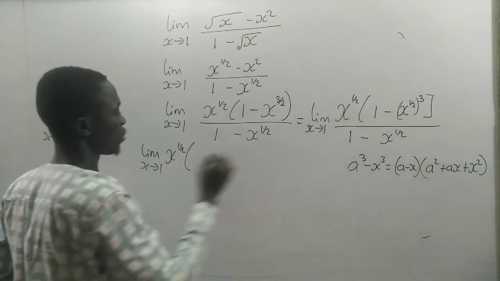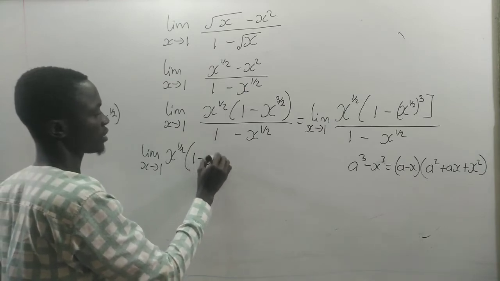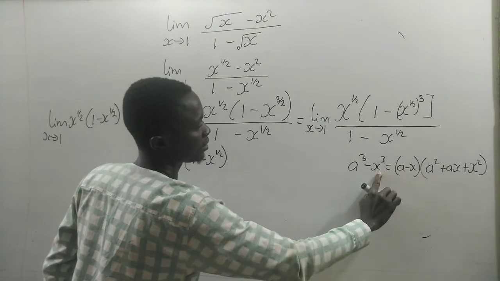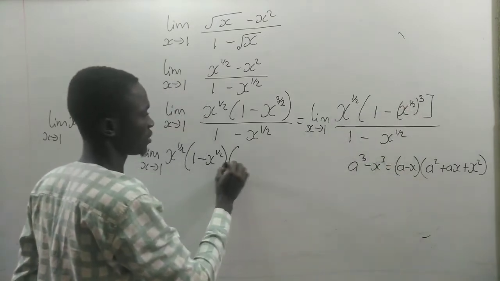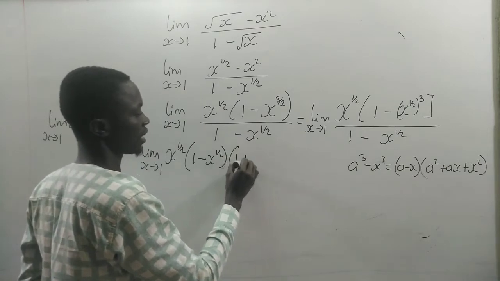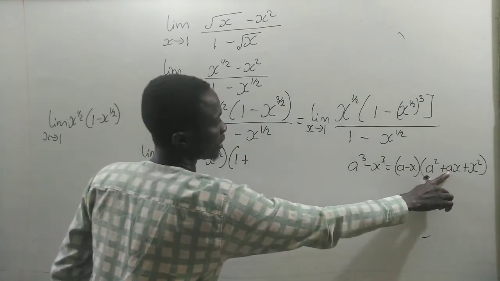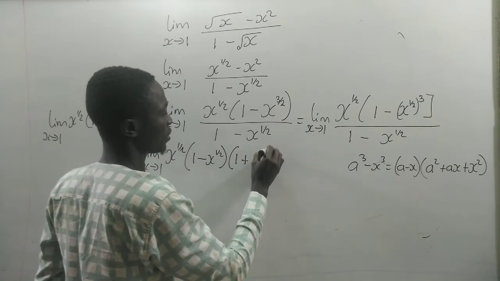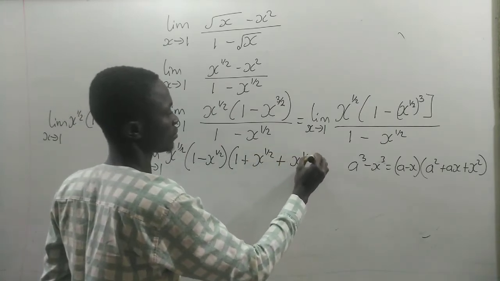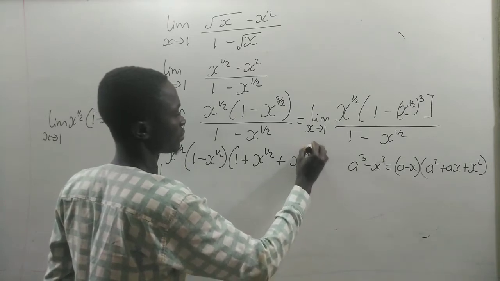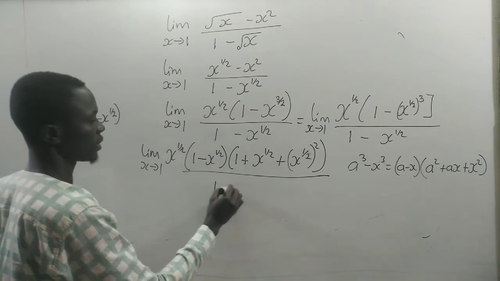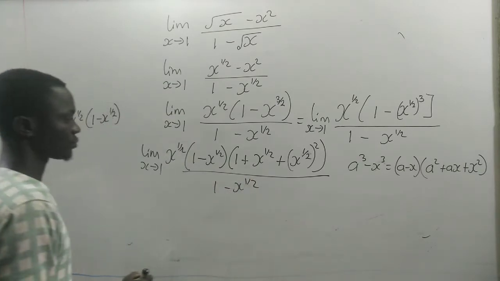Here we have a to be 1 minus x to the power half. Because here our x is x to the power half times a squared, and a is 1 plus a is 1 times x to the power half. We have x to the power half plus x to the power half squared, all divided by 1 minus x to the power half.